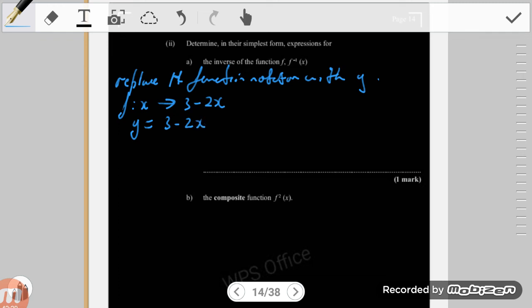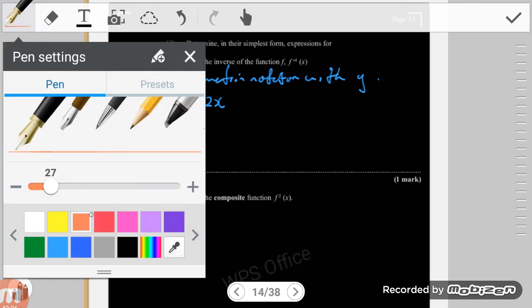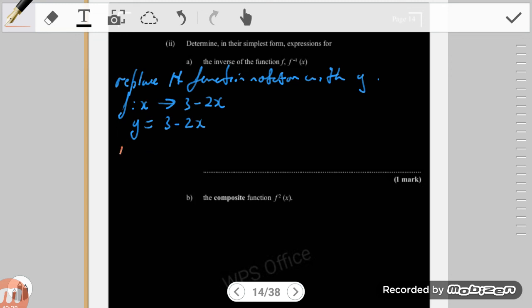What's going to happen next is we're going to interchange. So this is step 1 completed. Step 2, we're going to interchange x with y. So the y will become an x and the x will become a y. Alright, so that's step 2.